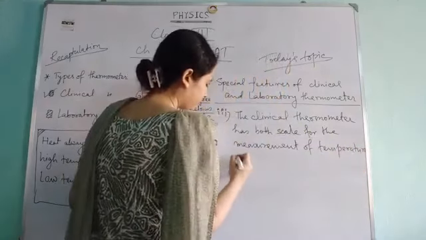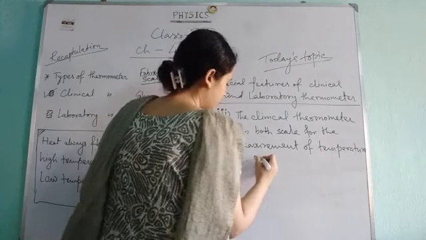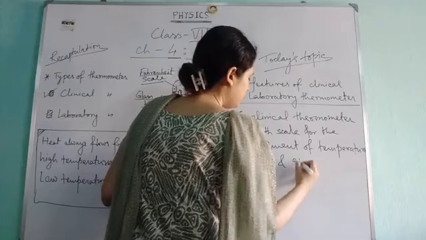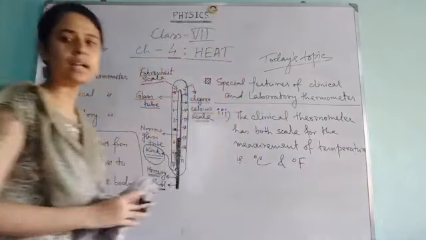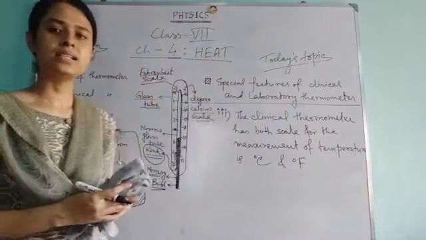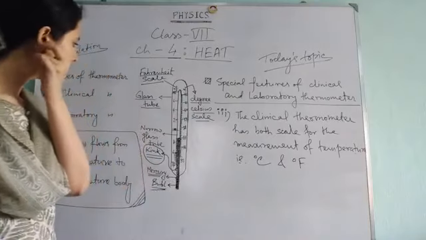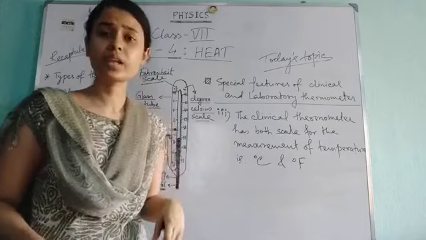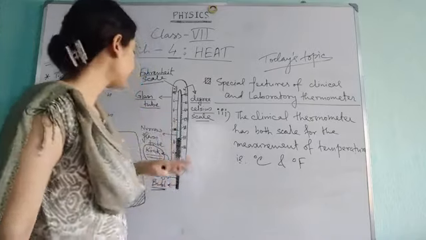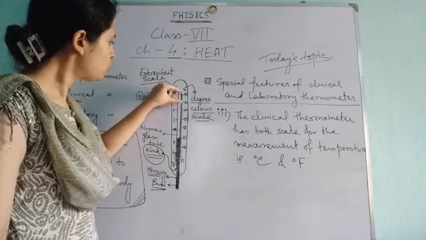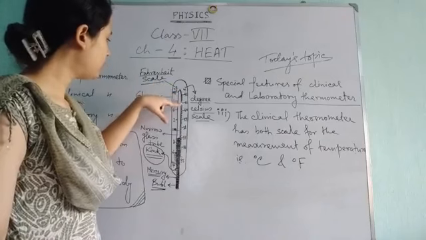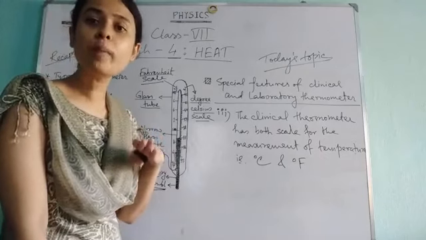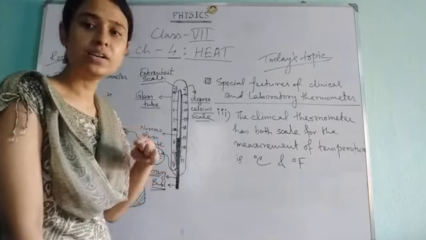What are they? That is the degree Celsius and degree Fahrenheit scales. And in this scaling, you will see that between two markings, there are 10 divisions.